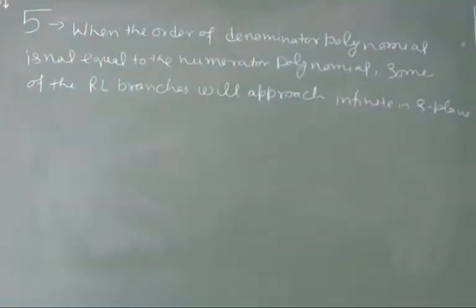Fifth property is when the order of the denominator polynomial and the numerator polynomial are not equal, then some of the root locus branches will approach infinity in S plane.